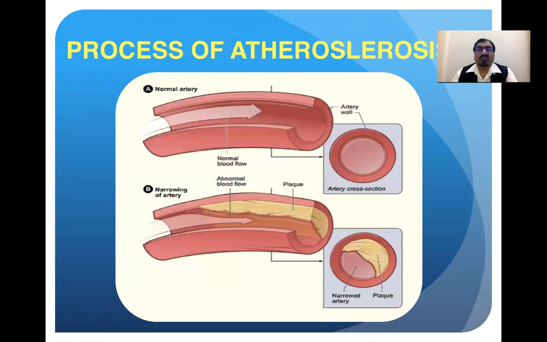We are trying to make a diagnosis at an early stage, earlier than the changes which are seen in ECG, so that one can do some preventive cardiology and prevent this particular disease of coronary arteries.